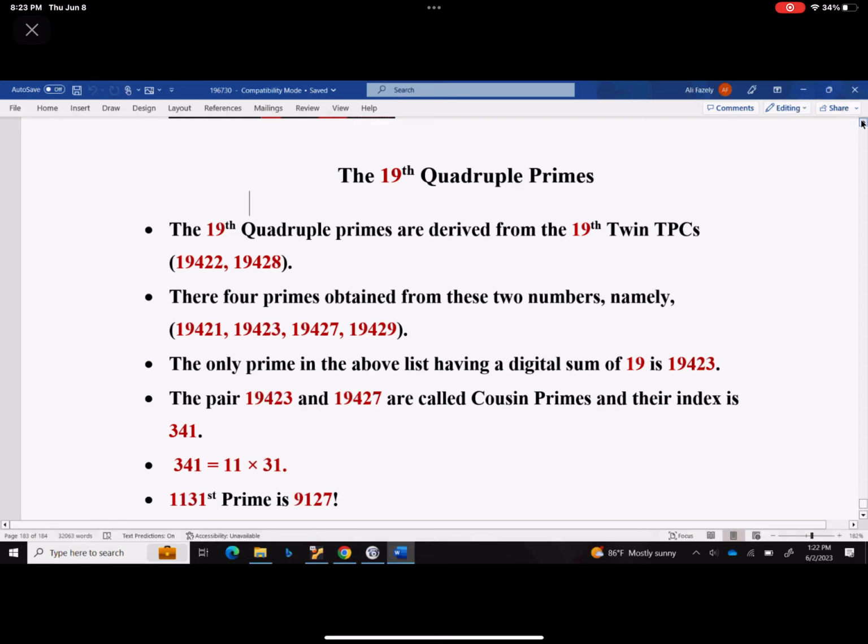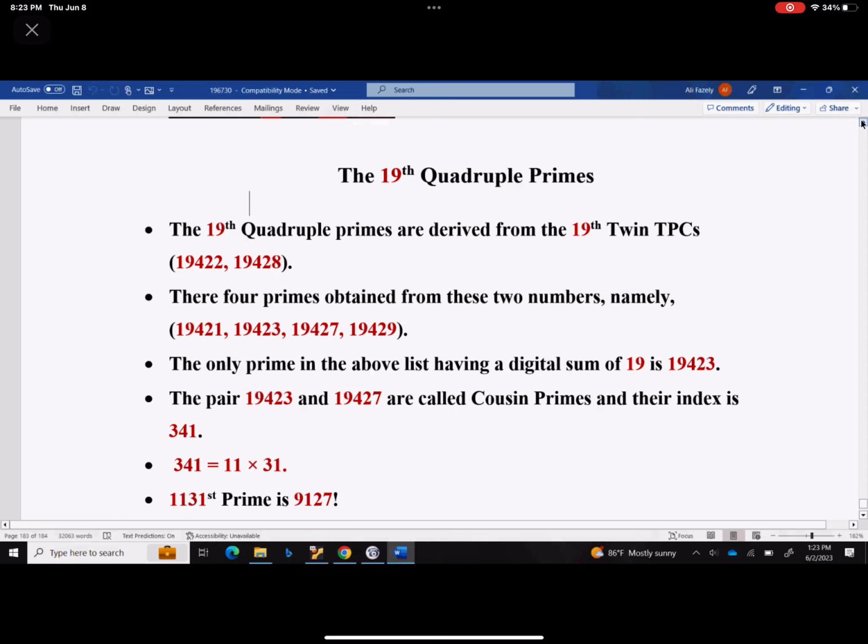At that time I said a TPC is the composite which is sandwiched between a pair of twin primes. Like 5, 6, 7. 5 is a prime, 7 is a prime, 6 is a twin prime companion. So 6 would be a TPC.